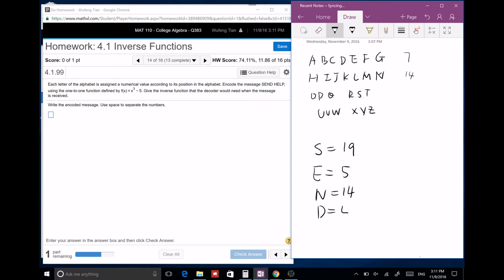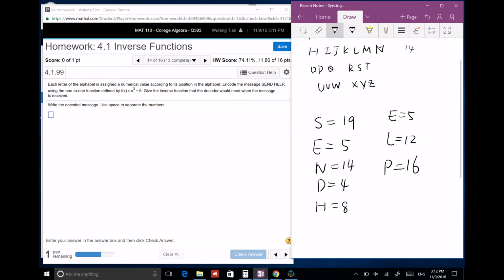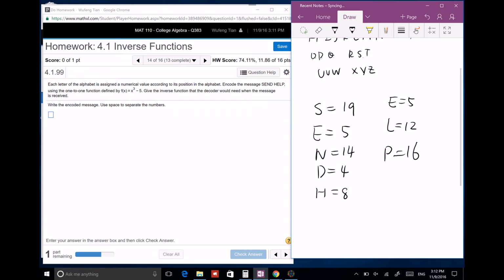D is the 4th number. H is the 8th number. E is the 5th number. L is the 12th number. P is the 16th number. Basically, these are x values. You plug them into the x.